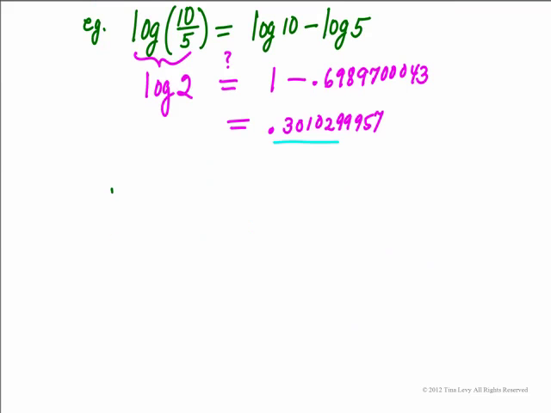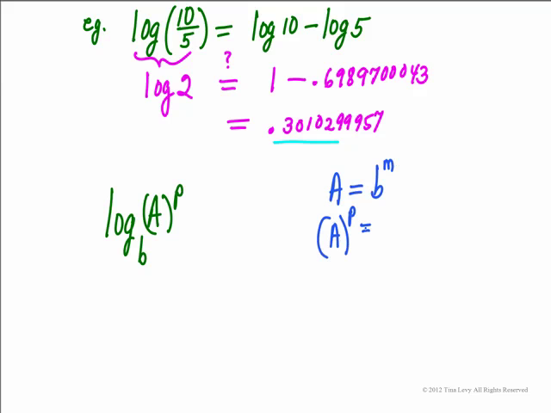In this property, I am looking at, suppose I said log base b of A to the p power. Looking at what we just did, we said A is b to the m, but now we're doing A to the p power, which is b to the m raised to the p.